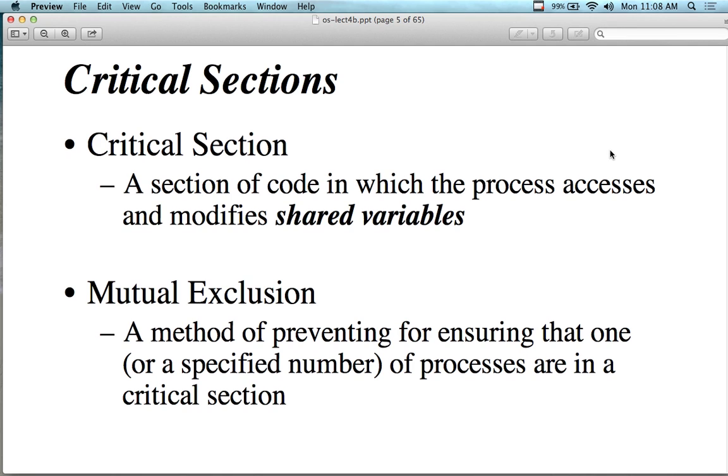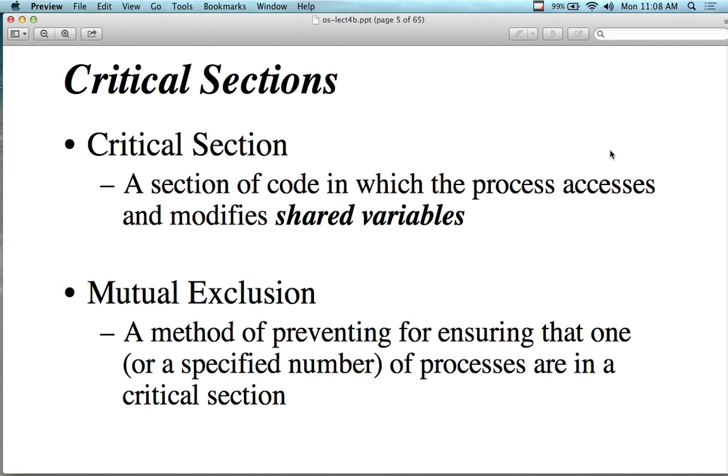I also went over some definitions I want to refresh your memory on, so we're on the same page for this lecture. The critical section. A critical section is anything that's shared between the multiple processes. So the contents of a file for a cp command, the contents itself in memory, would be the shared variable or shared buffer.